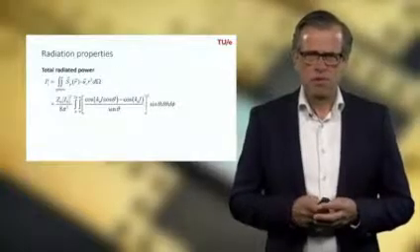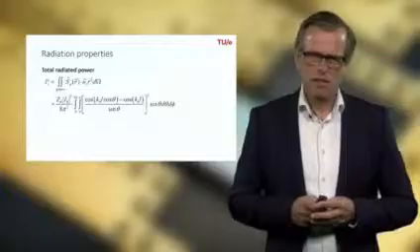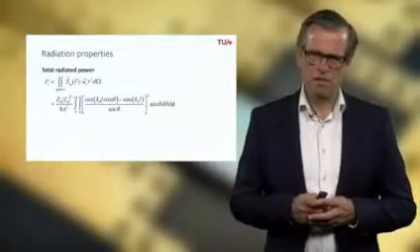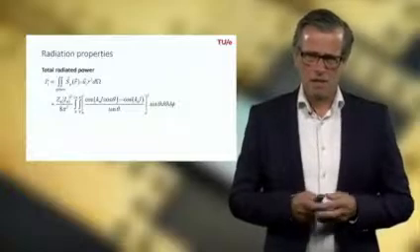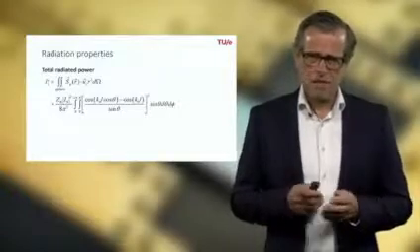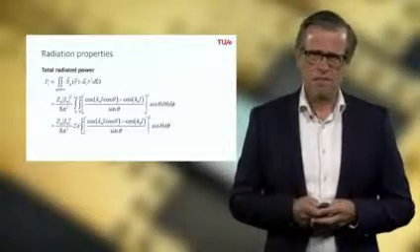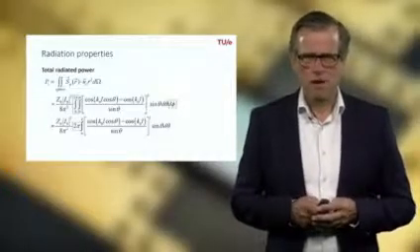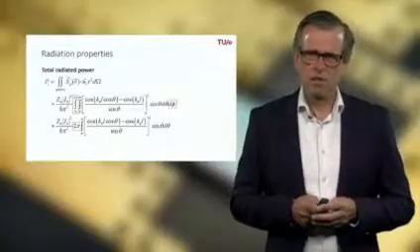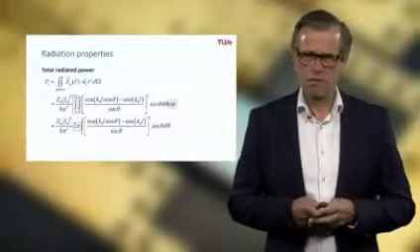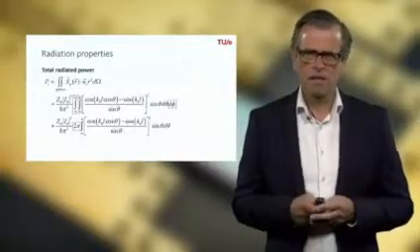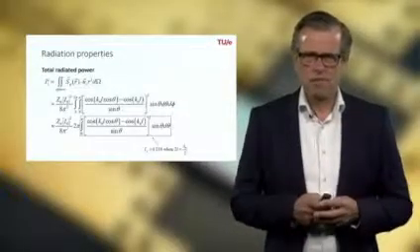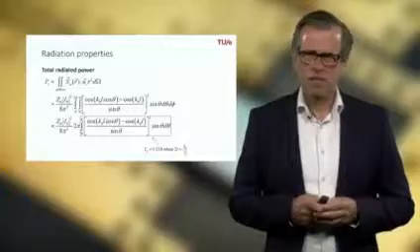Substituting the expression for the Poynting vector and looking into the integral that remains over theta and phi, we see that the integrand does not depend on phi, so the integration over phi is easy. What remains is an integration over theta. The integration over phi gives us 2 pi. The integral over theta can be done in closed form for a half wavelength dipole, for example.